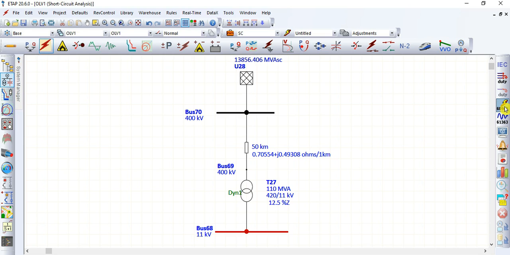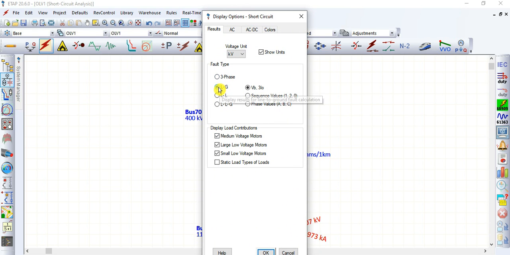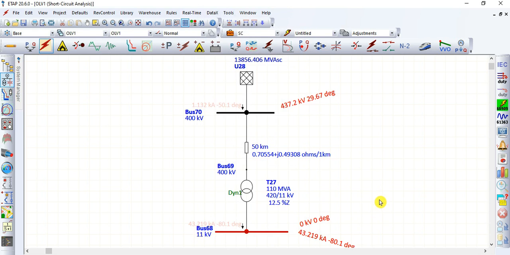So let's run this IEC 60909. So what we can see, this short circuit current is 45.973. Let's check what is this. No, single line to ground. Okay, three phase. Yeah.